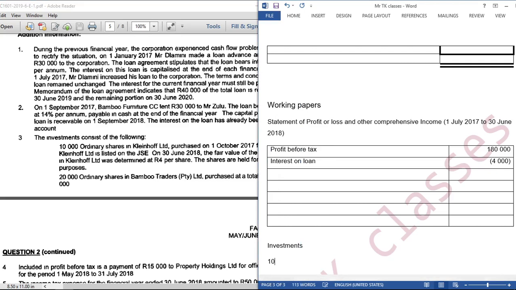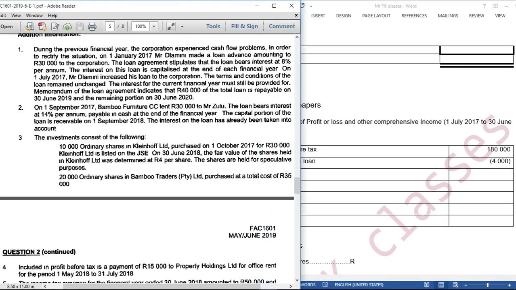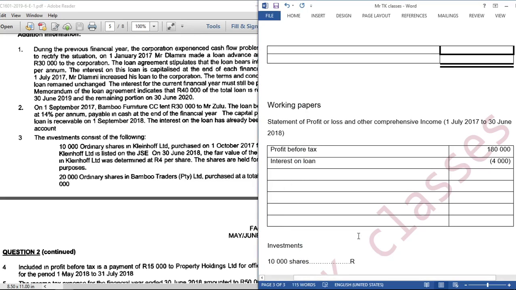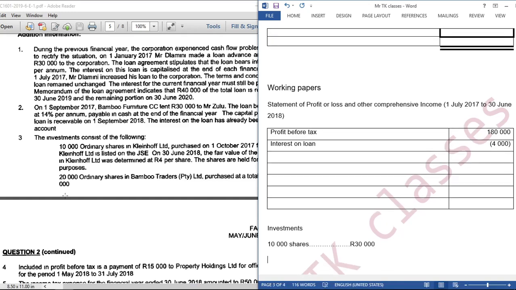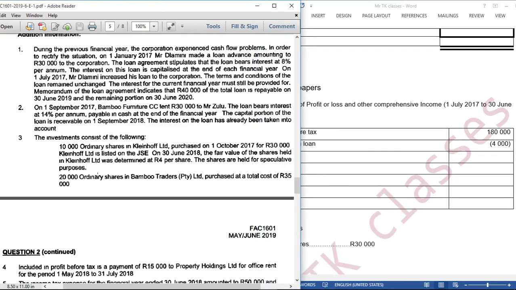These shares were 10,000 shares at how much? At 30,000 rands. Okay. So now, what are they saying about these shares? This was the buying price.